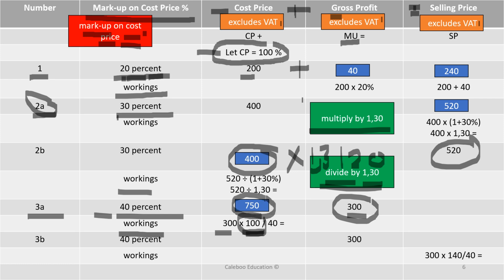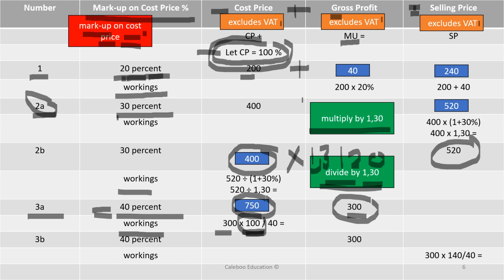If you say 300 times by 100, because I'm getting back to the 100%, remember, let cost price equal 100% when we're given the markup on the cost price.